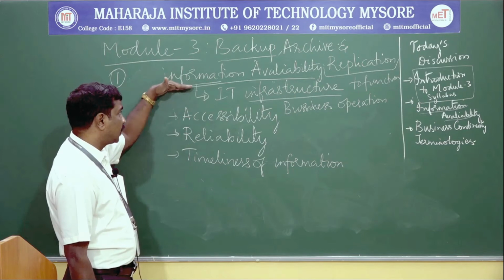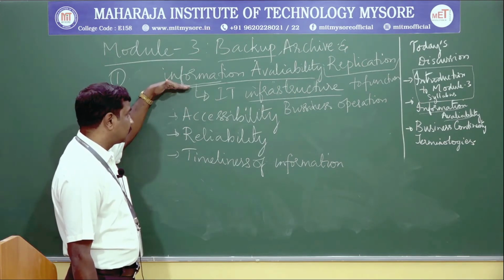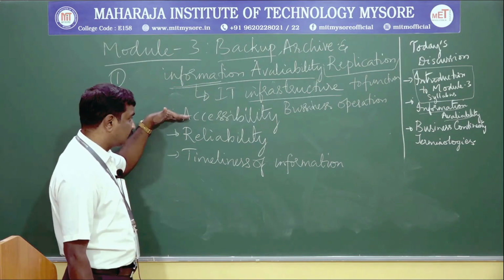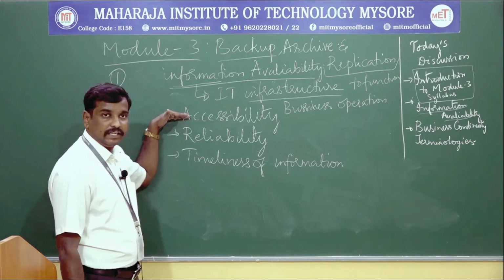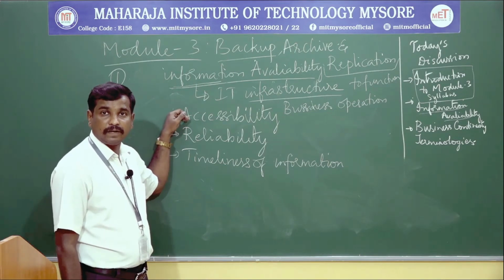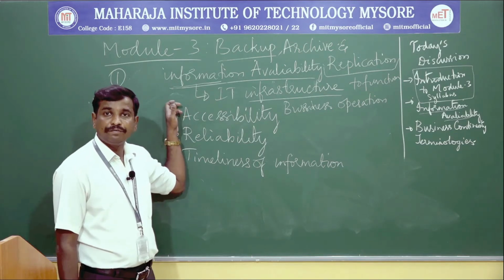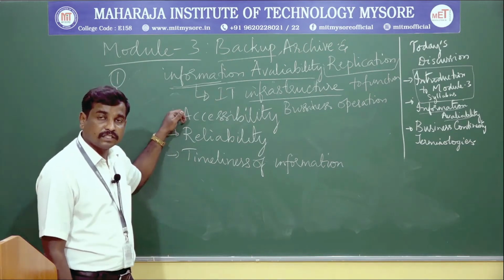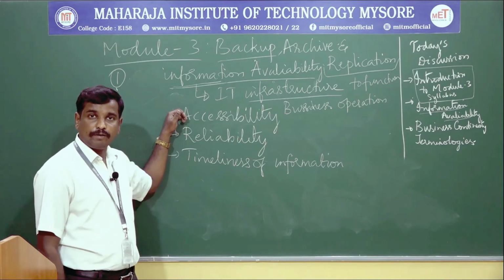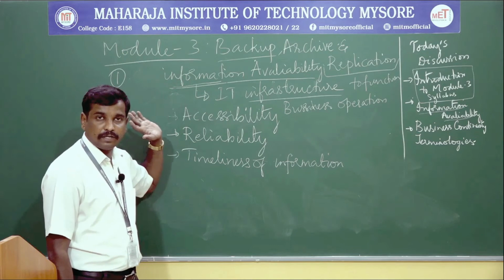So whenever we talk about information availability, it is measured in terms of accessibility: whether the information is provided to the right person at the right places. Sometimes we have information, but in certain locations it cannot be accessed, and then it is not information availability.